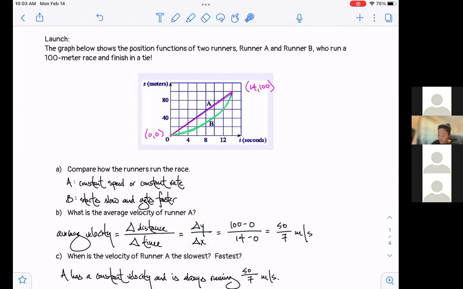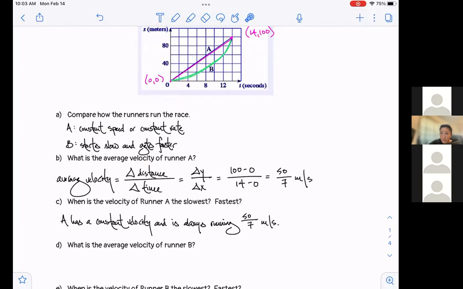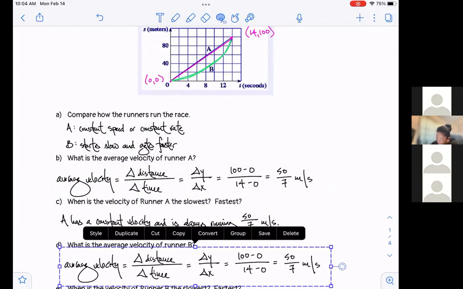So what do we think, folks? Can we, like Utku said, use the same 2 points to find our average velocity for runner B? What do we think? Yes, no? I heard a yes. What do other people think? Yeah, it turns out we can, okay? So we are going to do a little bit of this copy paste situation because I'm on a technology and I can, right?